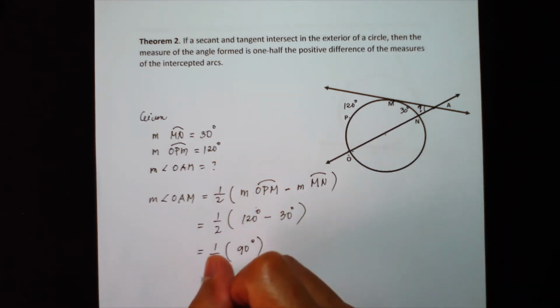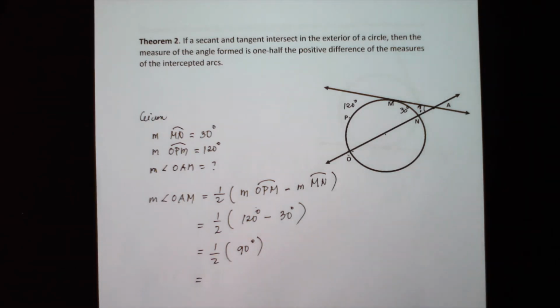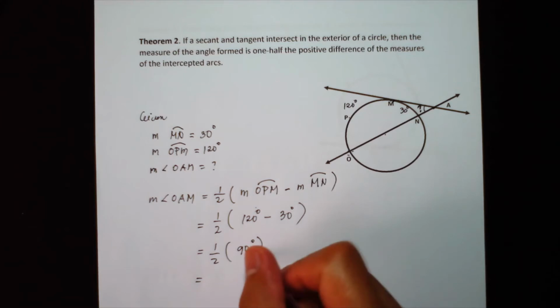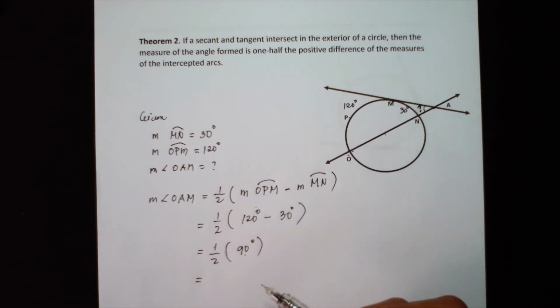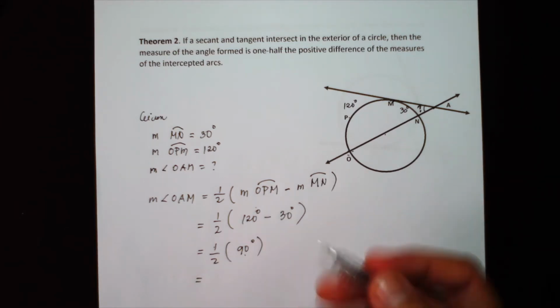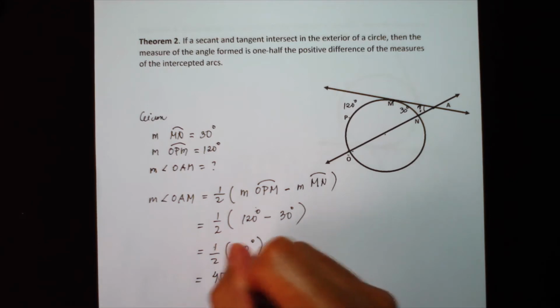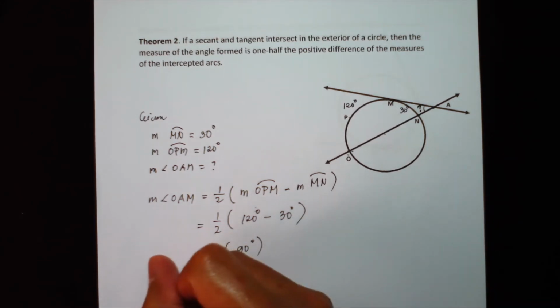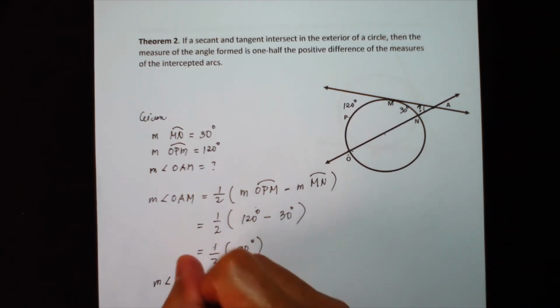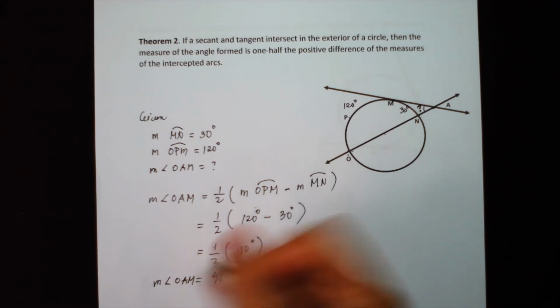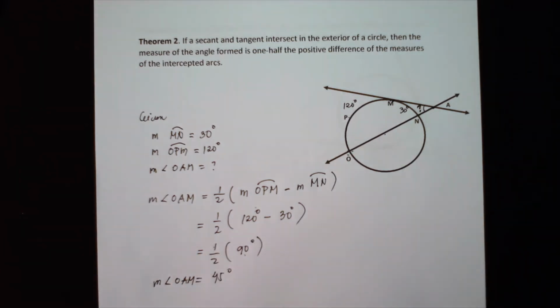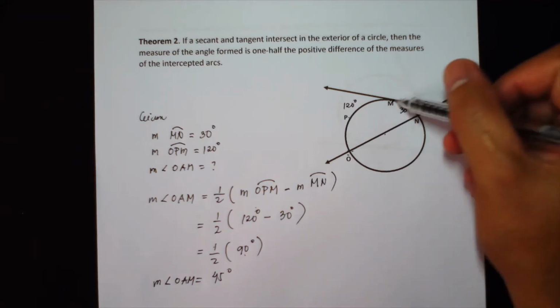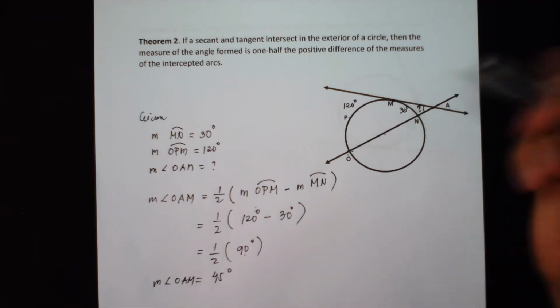So we have 90 multiplied by 1, that will be 90, divided by 2, that will be 45. That will be the measurement of angle OAM. Okay, so that is for the secant and tangent intersection.